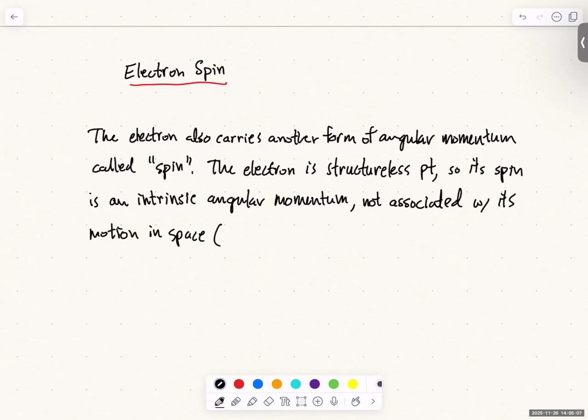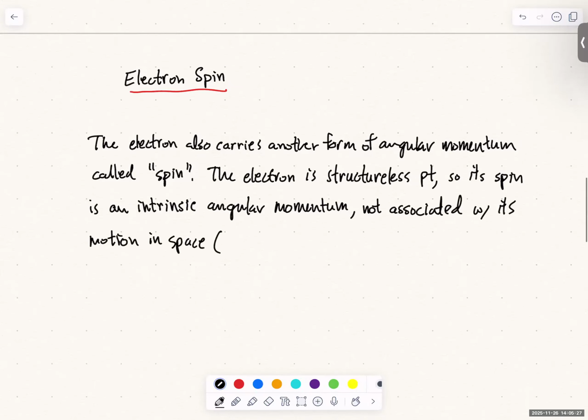It's an intrinsic property, just like an electron has a charge and some mass. We didn't come up with any fundamental derivation of where those came from, and so we're also not going to have a fundamental derivation of where the spin angular momentum originates. It's just like its intrinsic mass and charge.